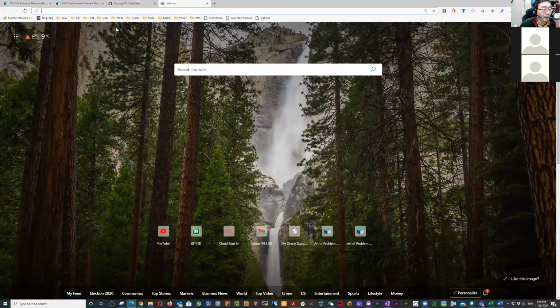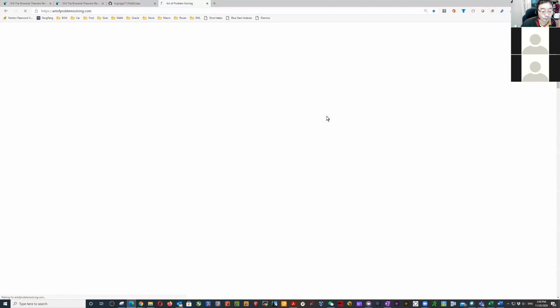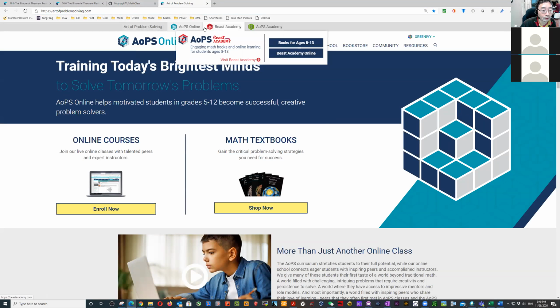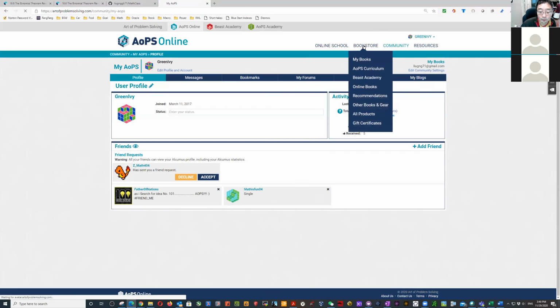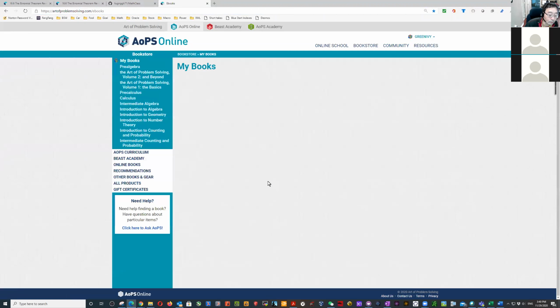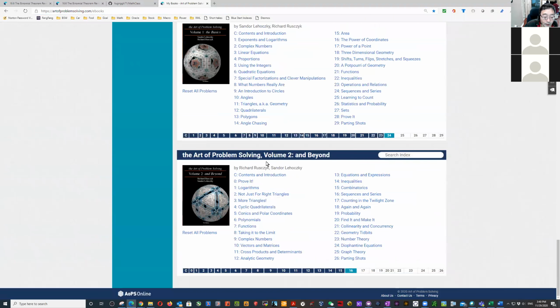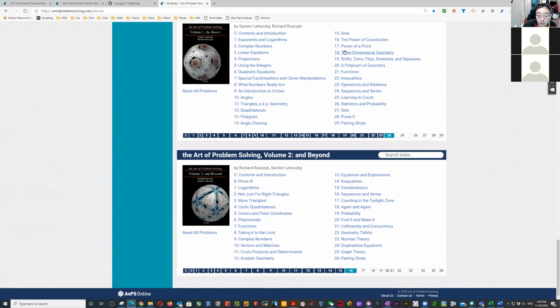The main book we are doing right now, and we switch to the other two books, the problem solving volume 1 and volume 2, and both of them have a chapter on sequences and series.